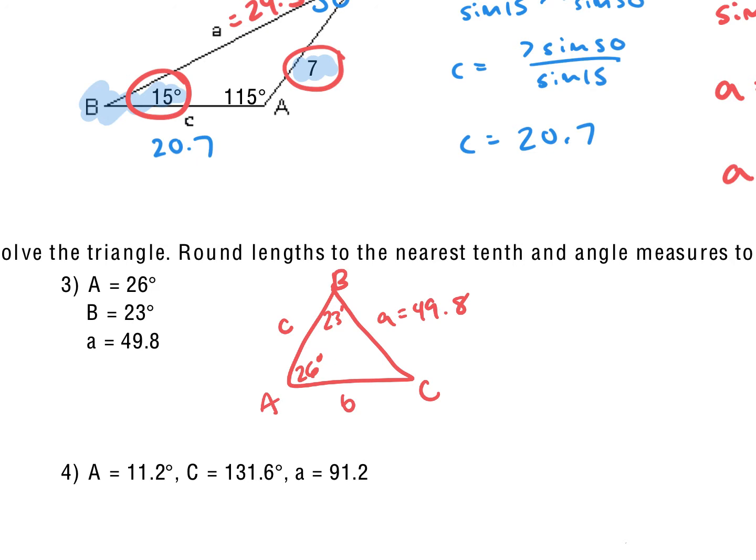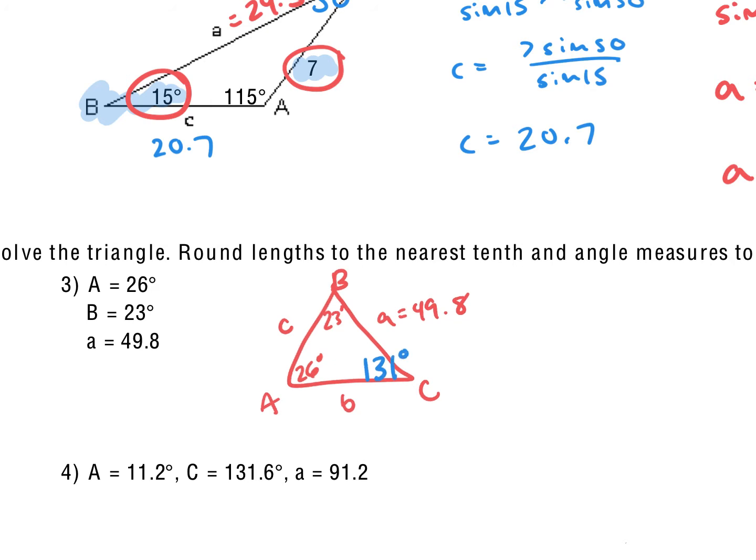What can I find first? Angle C. How do I find angle C? Add A and B and subtract from 180. So what do we get for angle C? 131.